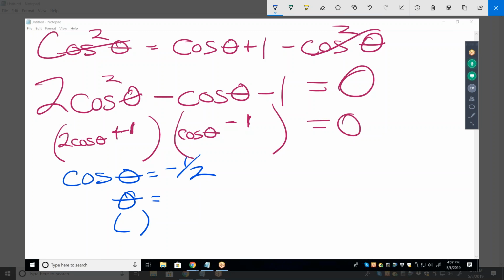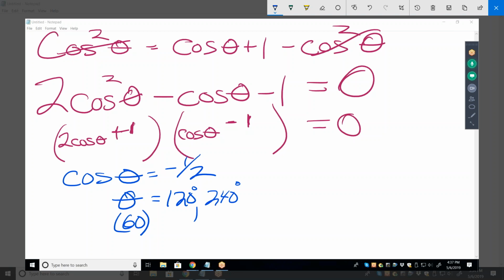And so theta is 60 degrees. Where does that occur? In other words, that's the first quadrant angle, but that's actually 120 degrees and 240 degrees.